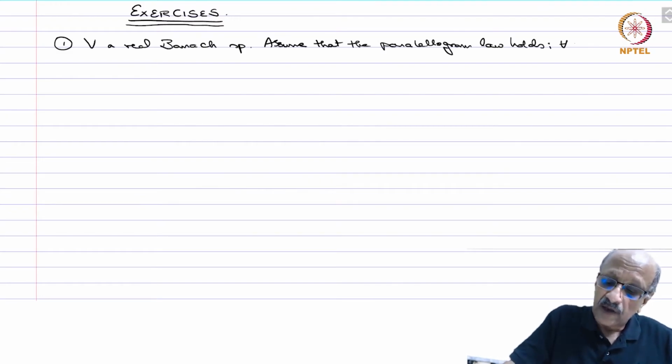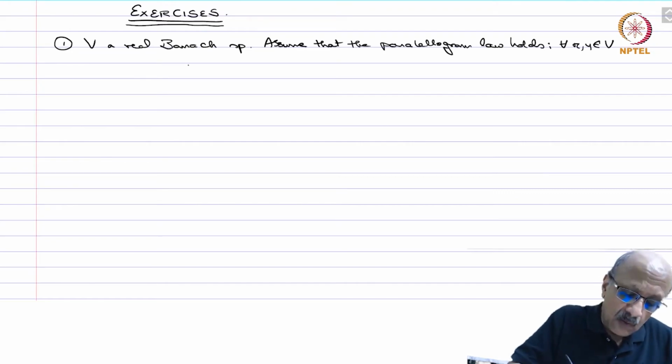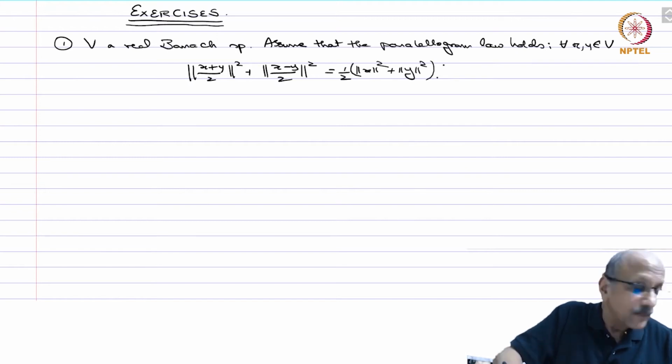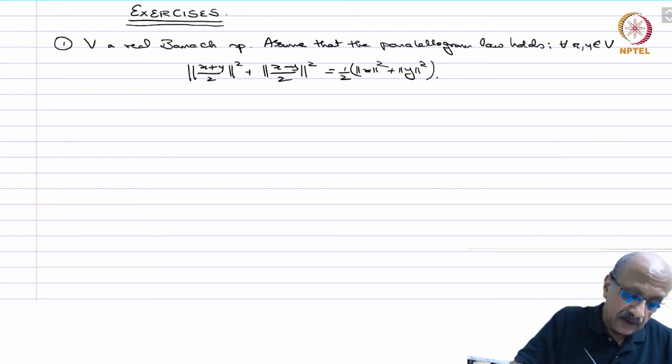That means for every x, y in V, we have norm of (x plus y)/2 squared plus norm of (x minus y)/2 squared is 1/2 of (norm x squared plus norm y squared). Then V is a Hilbert space.